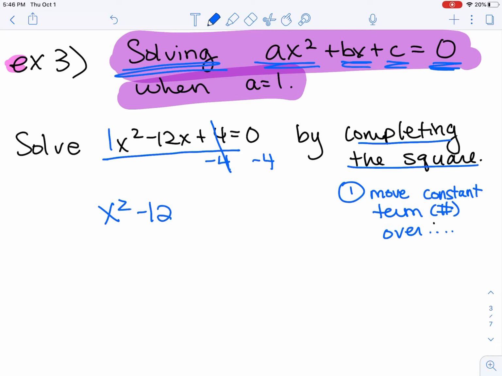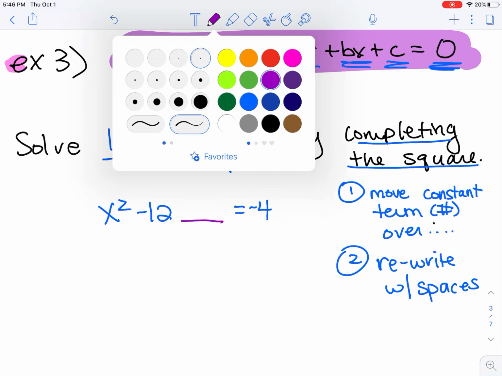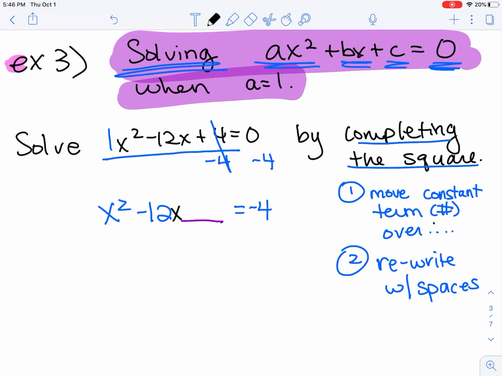We've got x squared minus 12x equals negative 4. Step 2 is we're going to rewrite it with spaces. Here's our x value from up here. We put a space there and a space there on both sides of the equal sign.